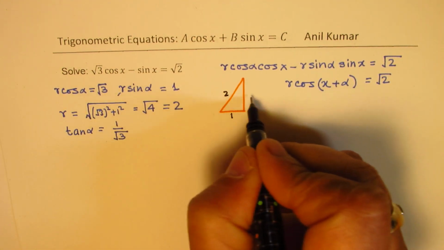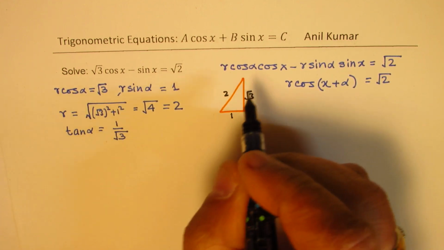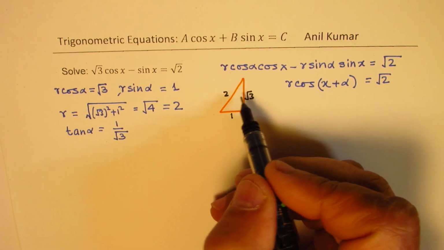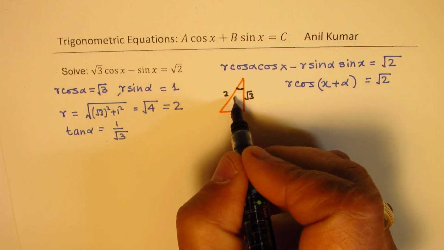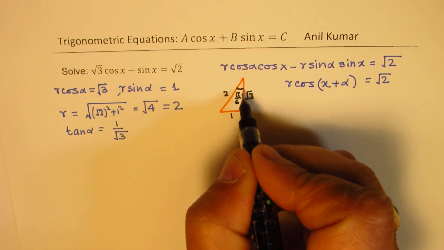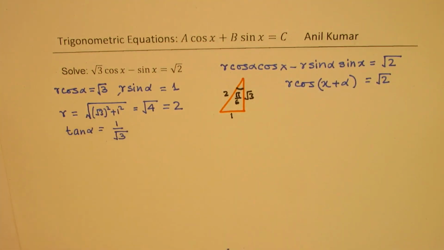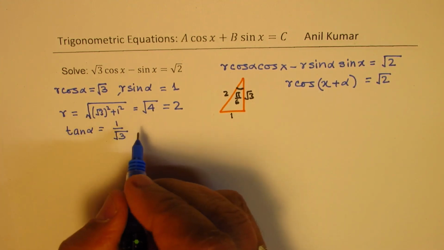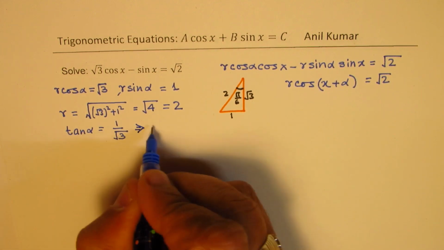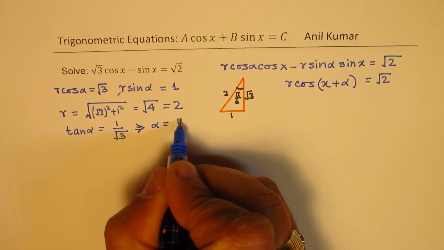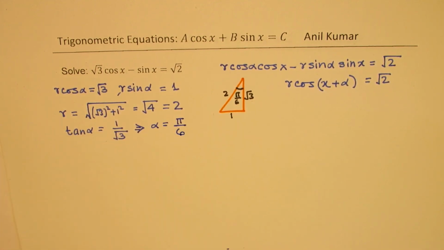So if this is 1, this is 2, this is square root of 3. Since we want 1 over square root 3, we are looking at this angle, which is pi by 6, or 30 degrees. So from here, we get the value of alpha as equal to pi by 6. Is that clear to you?